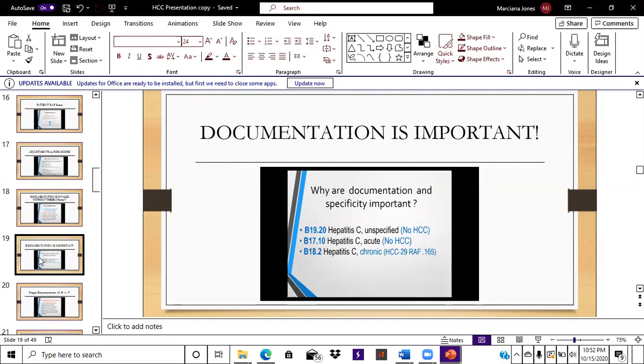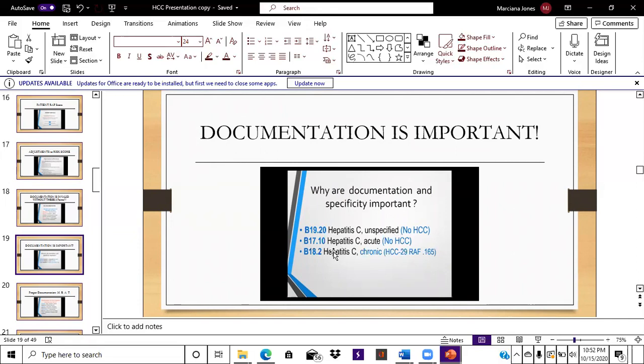So why are documentation and specificity important? You see B19.20, hepatitis C, unspecified: no RAF, no HCC. B17.10, hepatitis C, acute: no RAF.